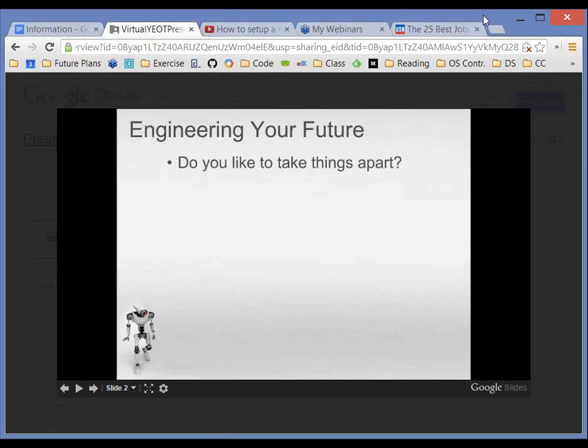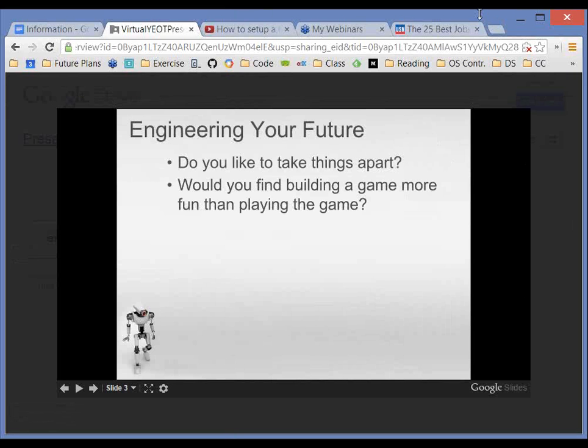All right, so this class: do you want to be an engineer or something like it? There's a ton of jobs like it. Do you like to take things apart? Do you like building a game rather than playing it? You're curious about how to solder, use epoxy, repair a tent. Enjoy math, science, read science fiction, fantasy.